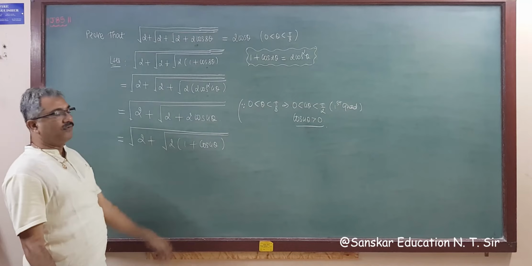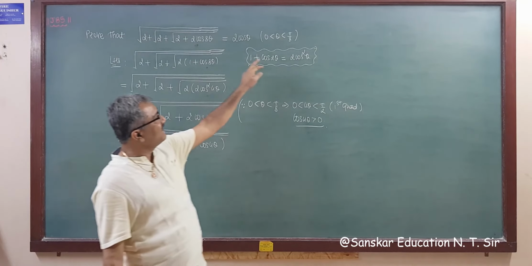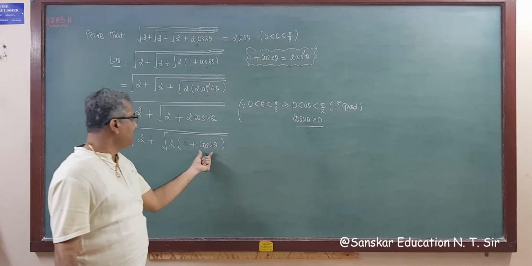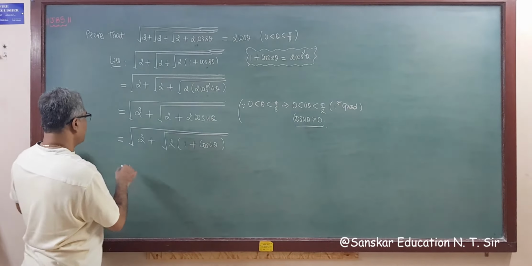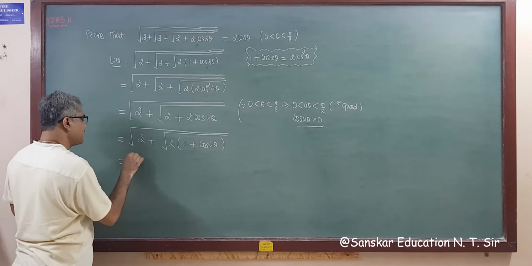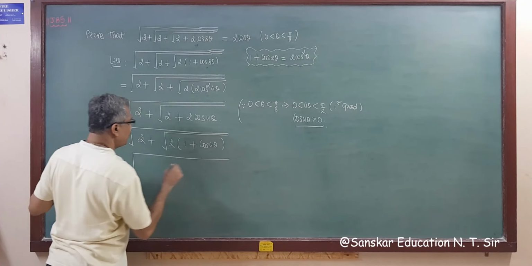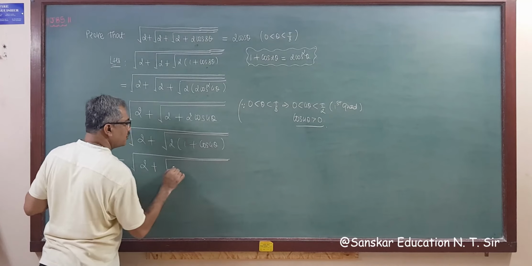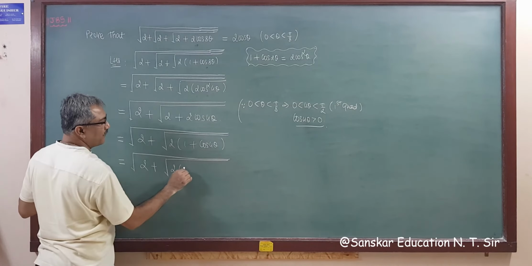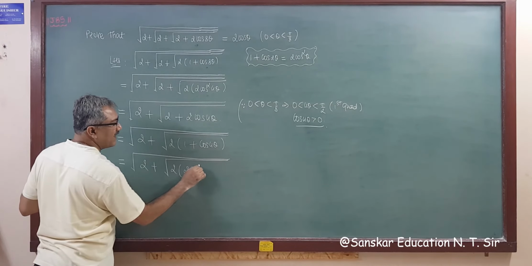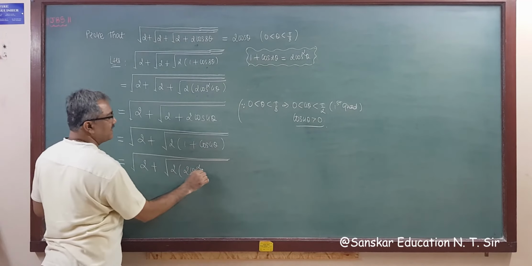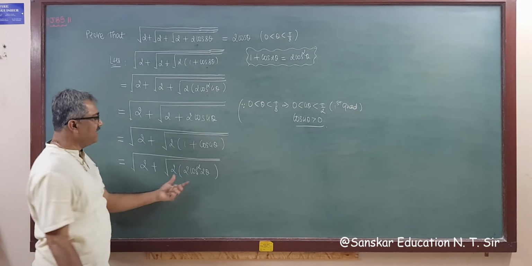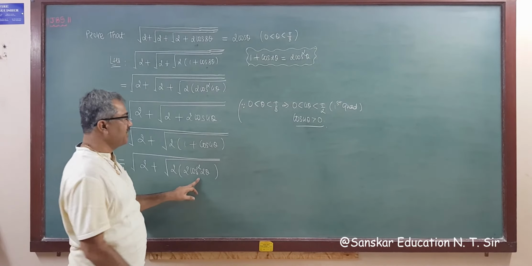Now 1 plus cos 4 theta, again repeating this formula, half of cos, that is 2 cos square theta, this is 2 cos square 2 theta. So this will be square root of 2 plus square root of 2, and for this 2 cos square half of this, that is 2 theta. Again this is 4 cos square 2 theta.